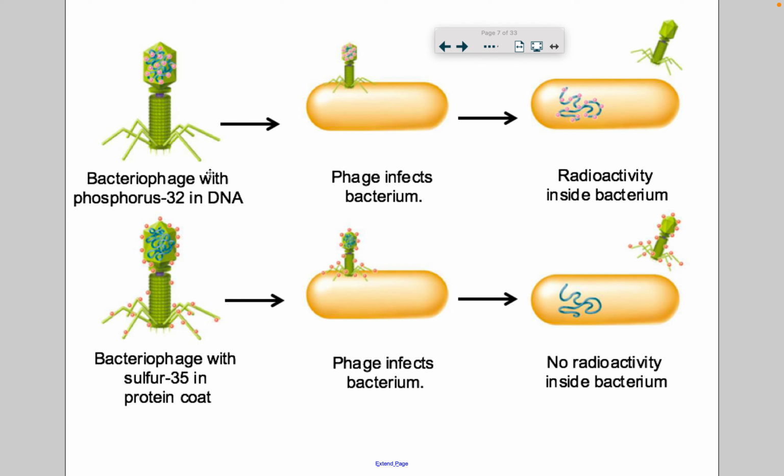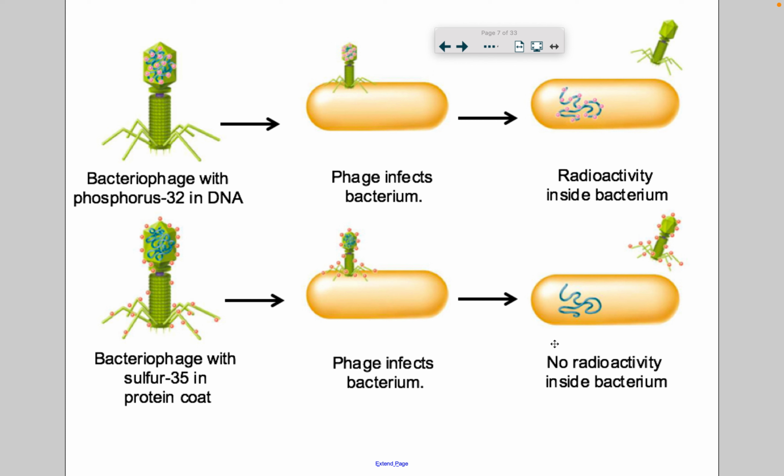So we let the phage do its thing. The phage infected the bacterium, and then we cultured it, and then we looked to see where the radioactivity was found. If it was found inside the cell, and if it was phosphorus 32, then that would indicate that DNA got injected into the host cell, and then the host cell started to read those genes and make more viruses.